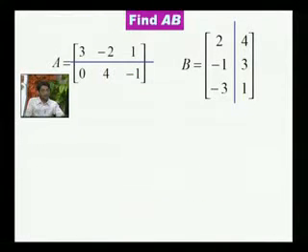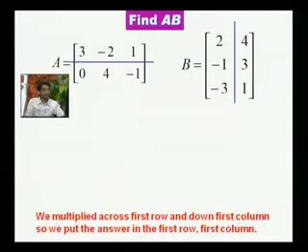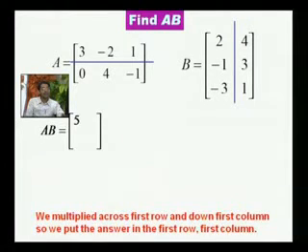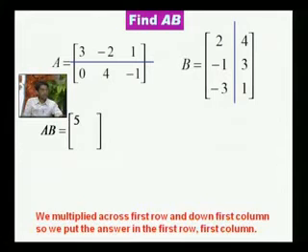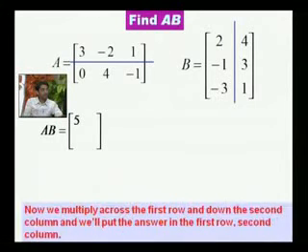After this kind of calculation, we can multiply A and B in this way. The first element we have already calculated is 5. In the same way, now we multiply across the first row and down the second column.